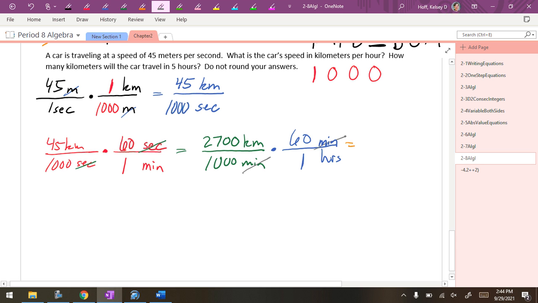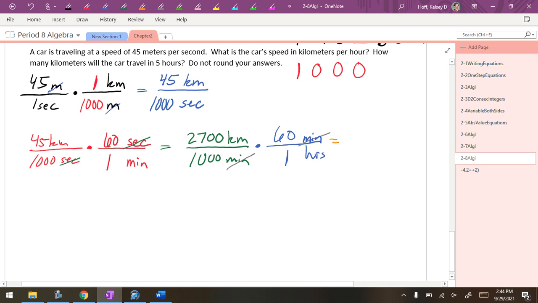Minutes and minutes cancel. 2,700 times 60. 162,000? Yeah. Stealing that off your calculator. What's my label? Kilometers. 1,000 times 1. 1,000 hours.